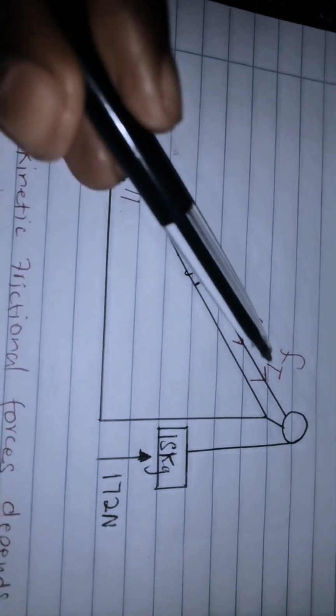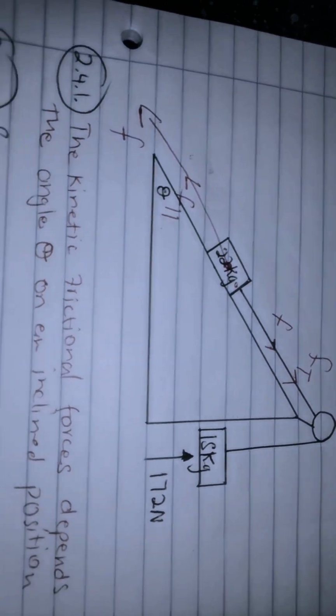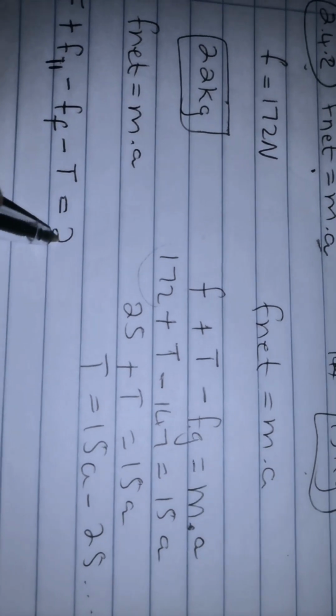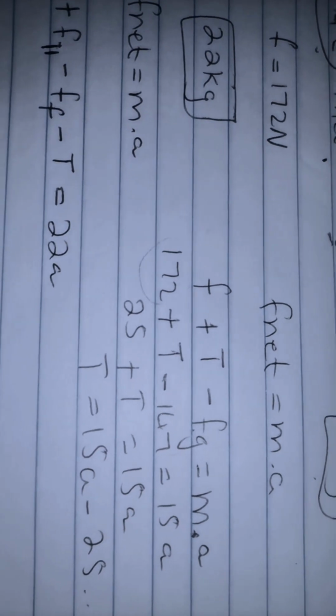Obviously, these two are opposing the motion: frictional force, minus frictional force, minus tension force. Tension force is going upwards. So it is equal to 22a.